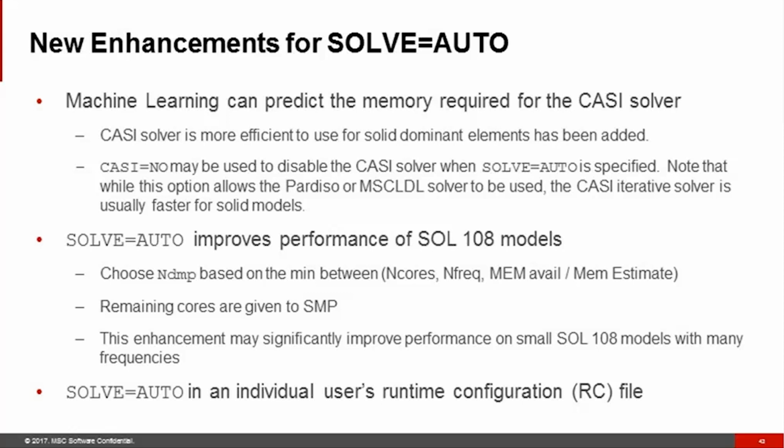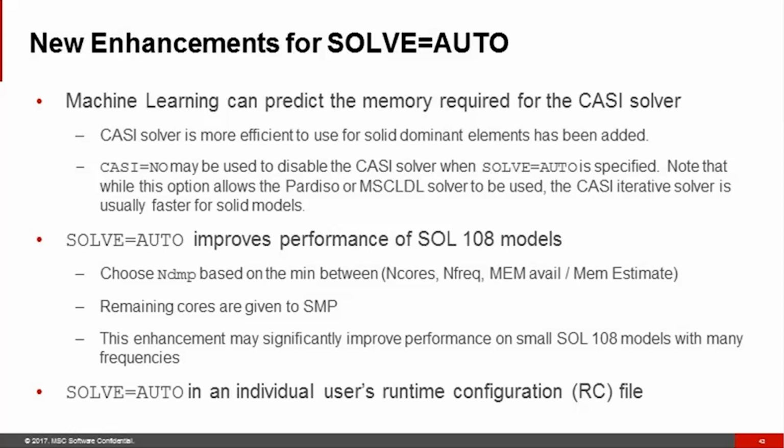So in 2018.2, we have enhanced our learning capabilities to predict the memory required for the CASI solver as well. Previously, this was available for Pardiso, but now it's also added for the CASI solver. CASI is a beneficial iterative solver for solid-dominated models. It's more efficient to use, and this is automatically selected.